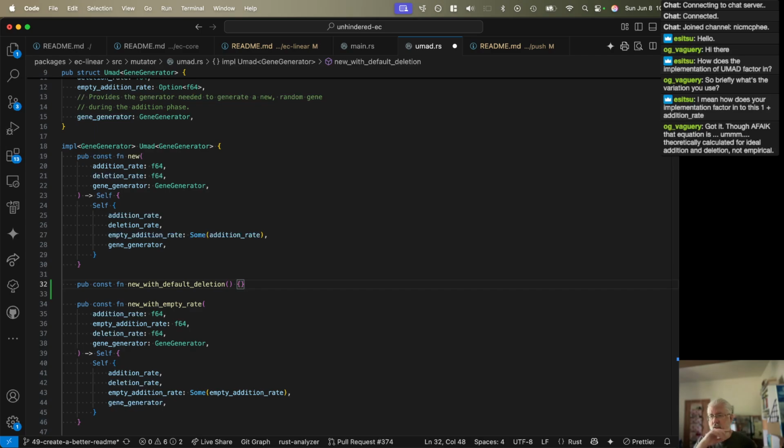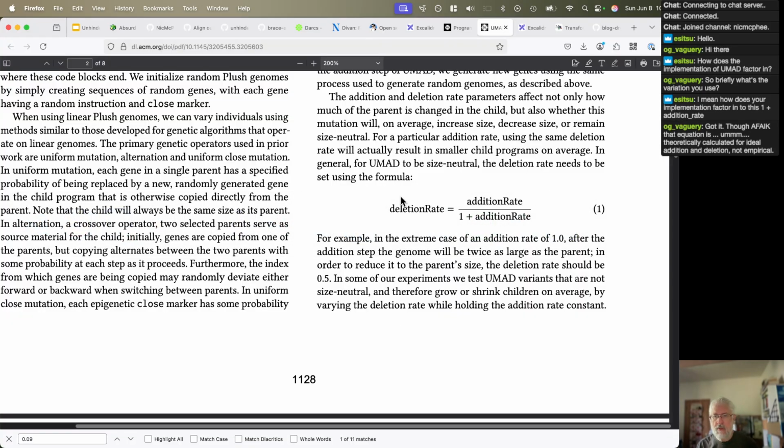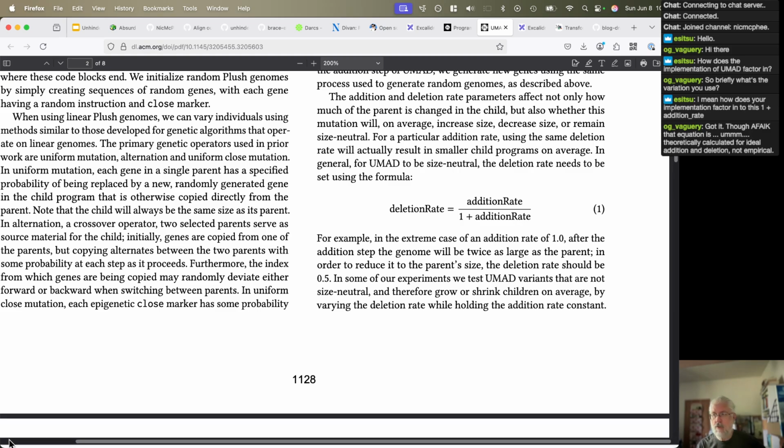So this equation gives you the right deletion rate to use so that on average your child is the same length as your parent. And that's an on average, right?